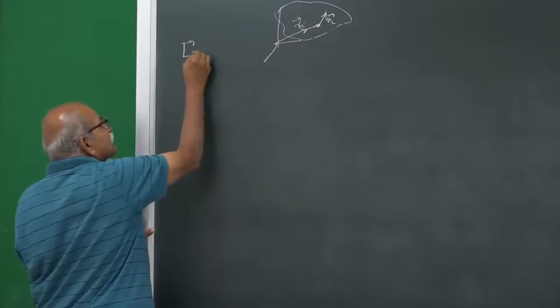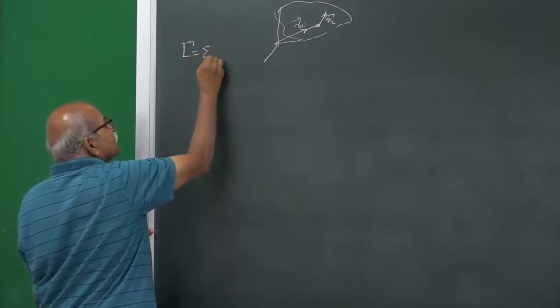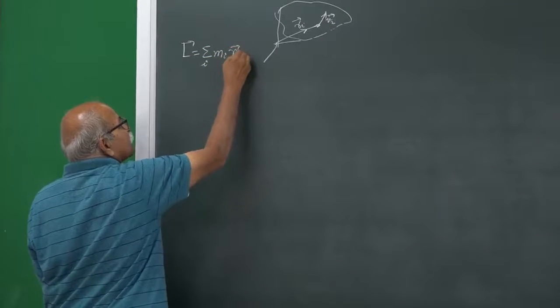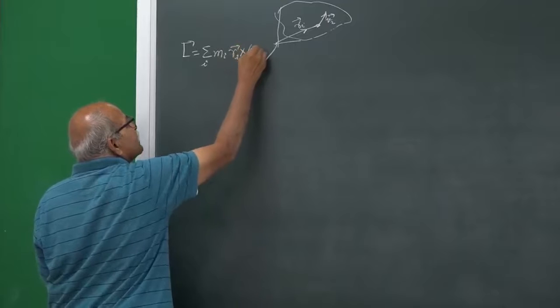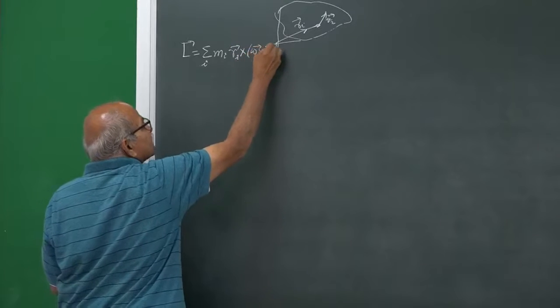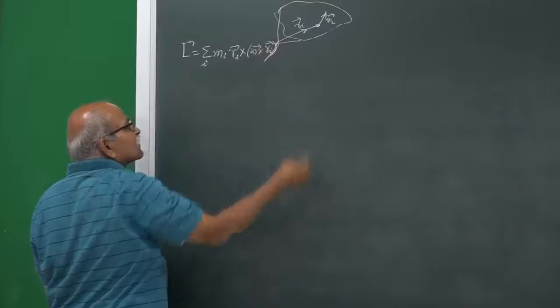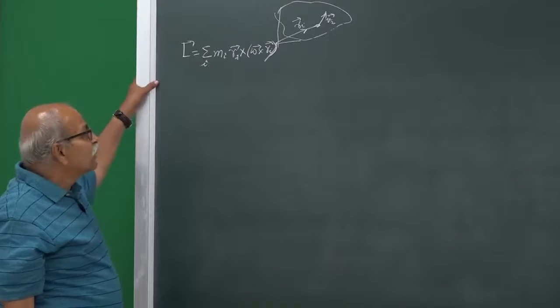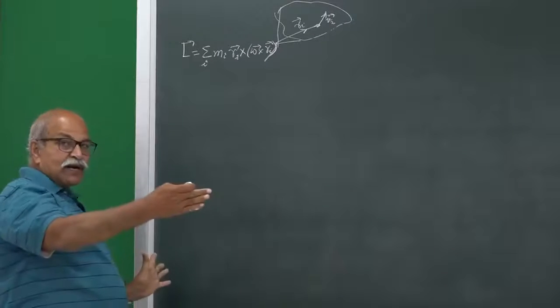So, angular momentum will be summation over I m I r I cross v I, and v I is omega cross r I. Okay. Velocity is omega cross r, we are talking of that rotation part only.